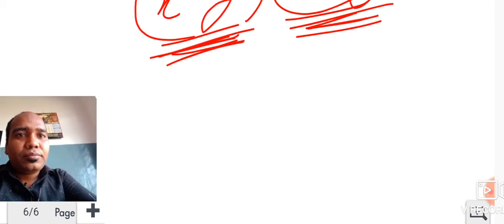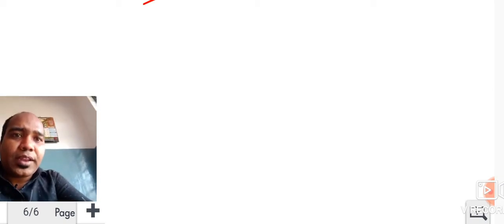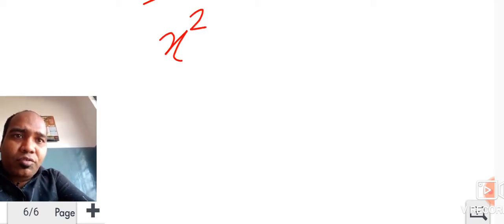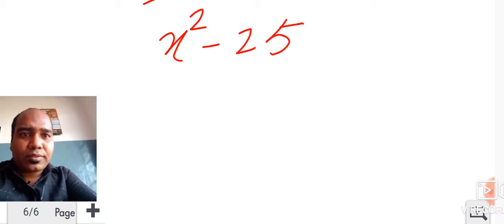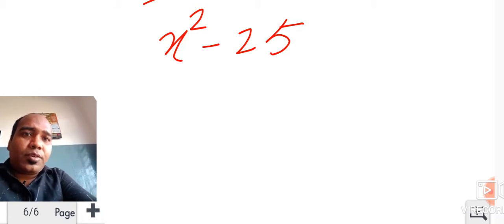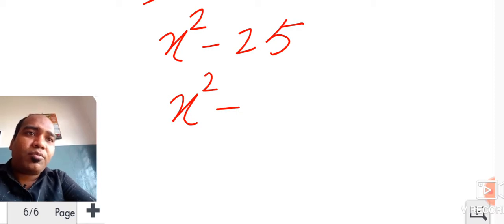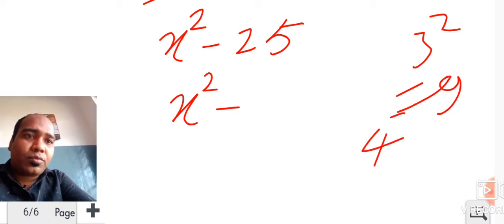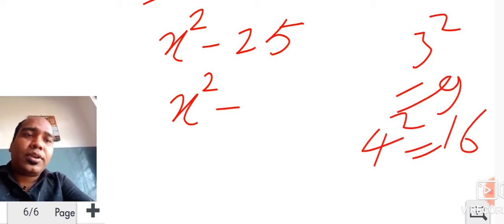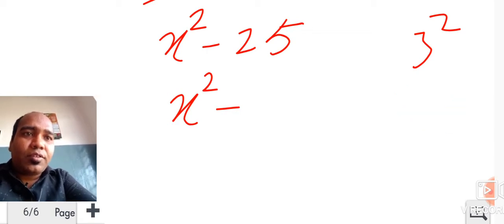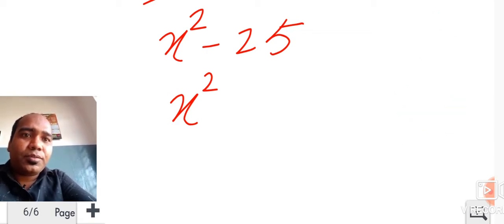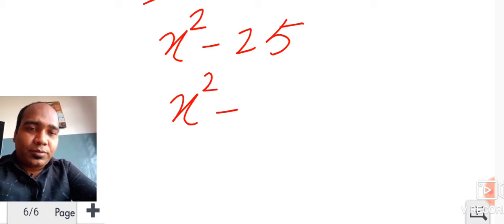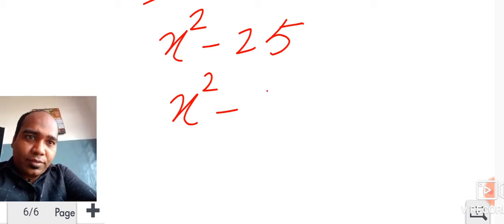Got it? Instead of x square minus y square, if I ask you to factorize x square minus 25, now you will say, how will we do this? Okay, so what we can do: is 25 the square of any number or not? You know 3 square is equal to 9, 4 square is equal to 16. In the same way, 25 is the square of which number? Yes, those who have guessed, all of you are correct.